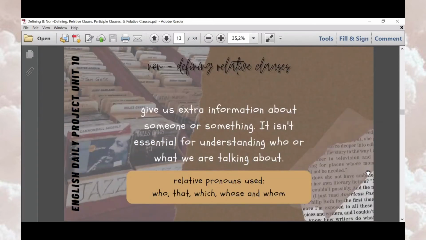For non-defining relative clauses, it gives us extra information about someone or something. It isn't essential for understanding who or what we are talking about. They use the same relative pronouns as defining relative clauses: who, that, which, whose, and whom.